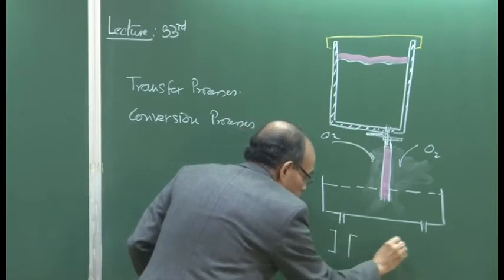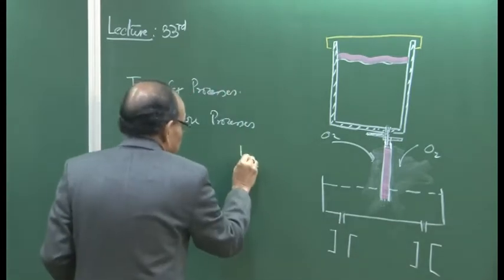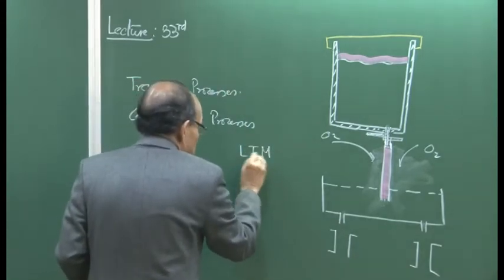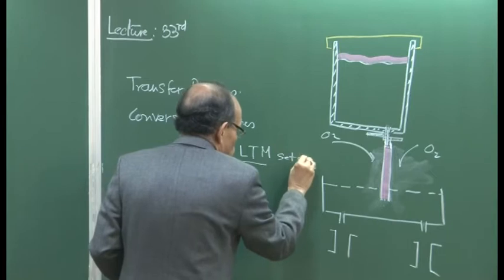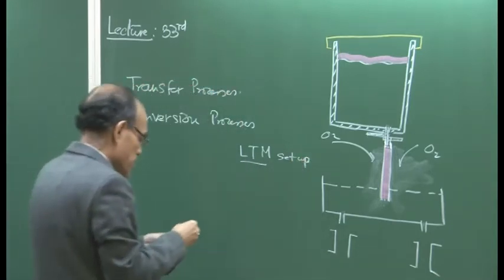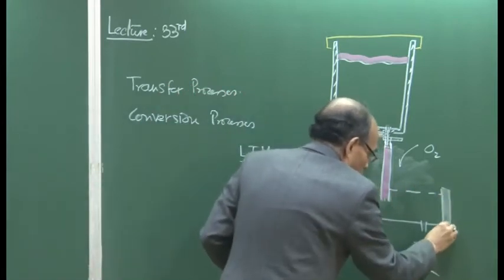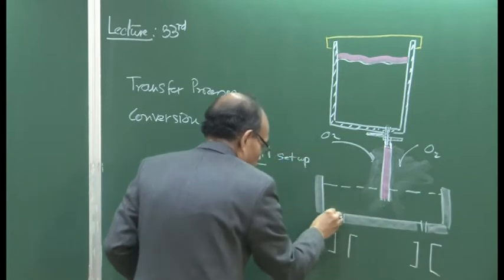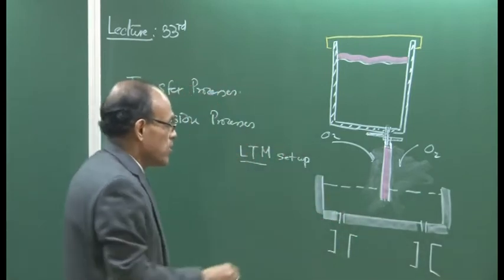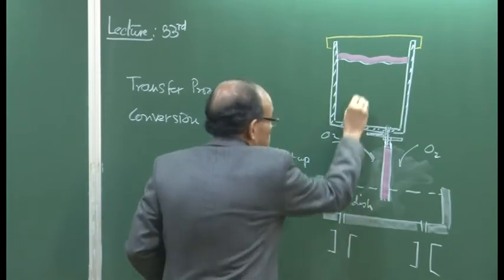These are molds, and this is a continuous casting setup which we call a ladle tundish mold setup. So, this is basically a buffer vessel, this is the tundish, this is our ladle.